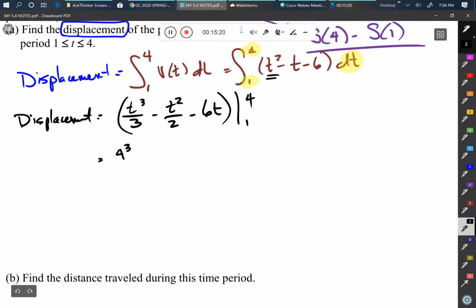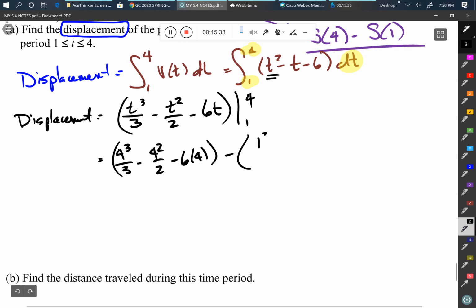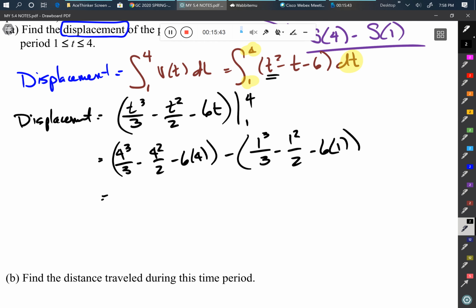So that's going to be 4 cubed over 3, minus 4 squared over 2, minus 6 times 4, minus 1 cubed over 3, minus 1 squared over 2, minus 6 times 1. 4 cubed is what, 64? So I have 64 thirds. 4 squared, 16, 8, minus 24, minus 1 third, plus 1 half, plus 6.